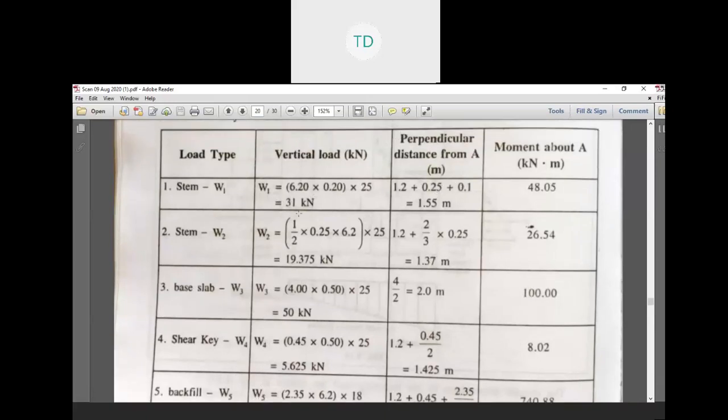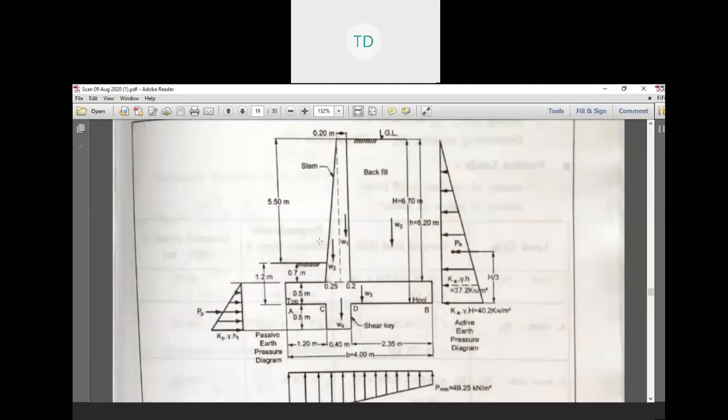Now we are going to see how we get the value of W1 and the perpendicular distance from the figure. That's why I told you in the previous lecture that the figure is very important for making any calculation easy.